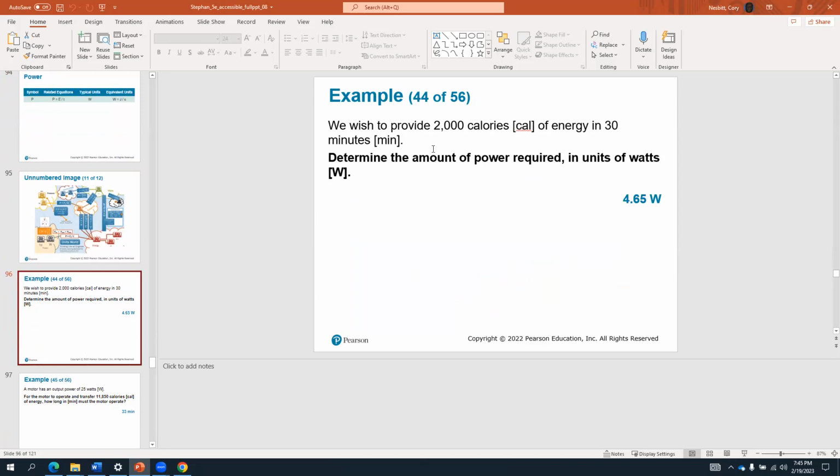And then you would get this amount in joules. Then you convert 30 minutes to seconds. You know that 1 minute is equal to 60 seconds, so multiply 30 minutes times 60 seconds to get the amount of seconds. Then you divide the joules by that amount of time, and that'll give you watts. So let's look at that.